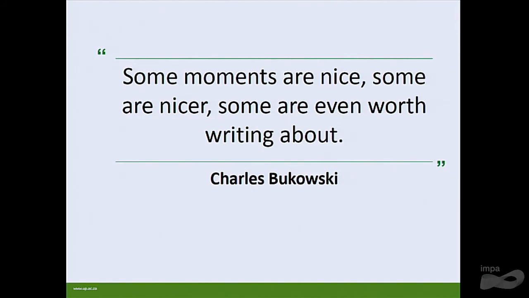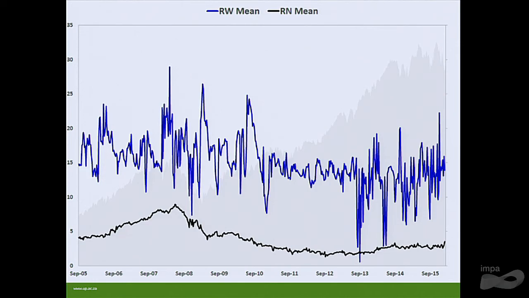The author Bukowski said that some moments are nice, some are nicer, and some are even worth writing about. So let's look at the moments. Here's the mean. The blue line shows you the 3-month implied recovered mean, and the black line is the risk-neutral mean. What's very interesting about the blue line here is that these are basically the ex-ante numbers.